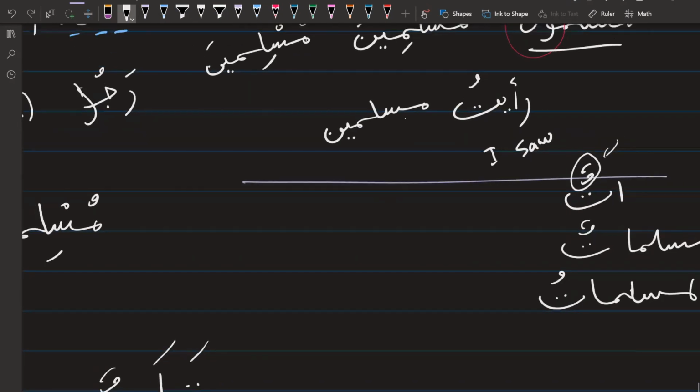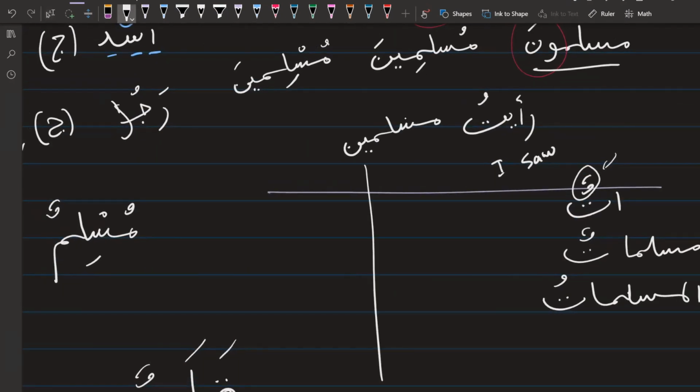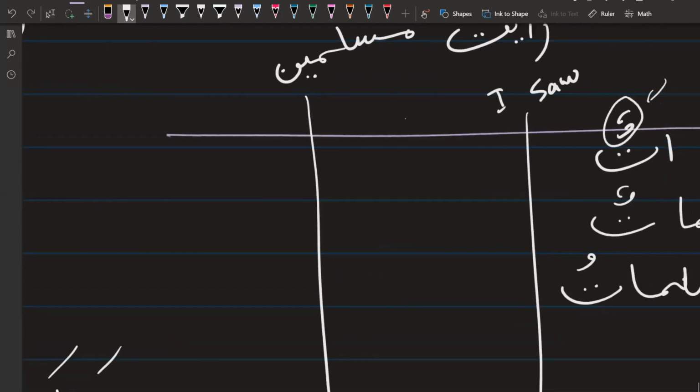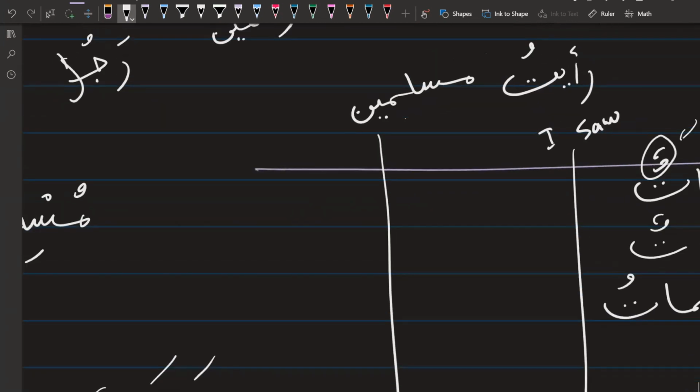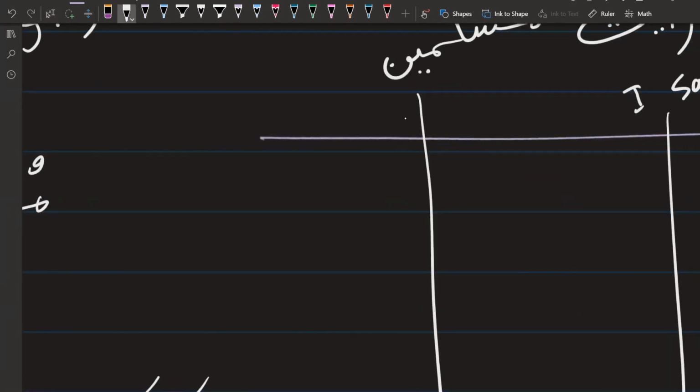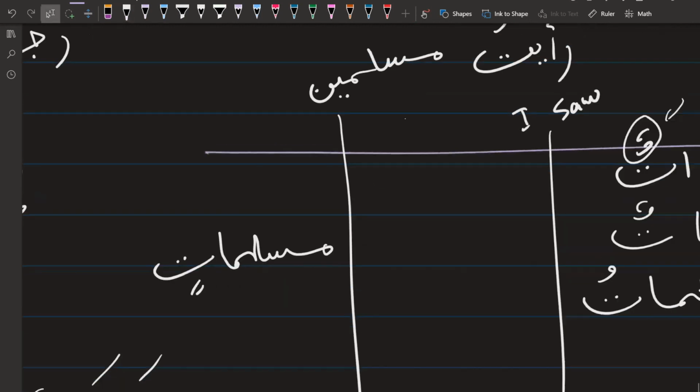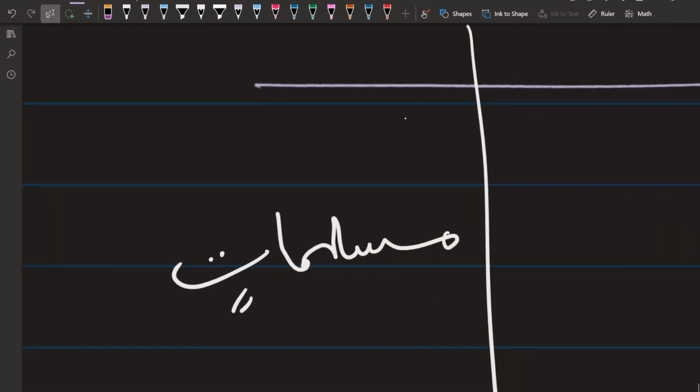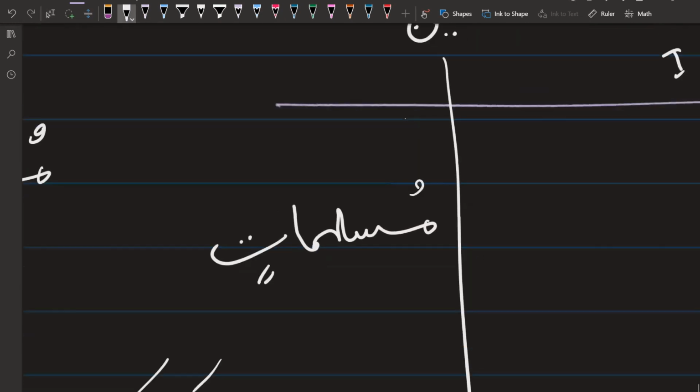How do we say it in the accusative? I'm going to skip the middle one, and you probably know why. Maybe something fishy is going to happen in the accusative case. In the genitive case, it is the same thing that we do with any other word. Kitabun, kitabin. So here it will be muslimatin.